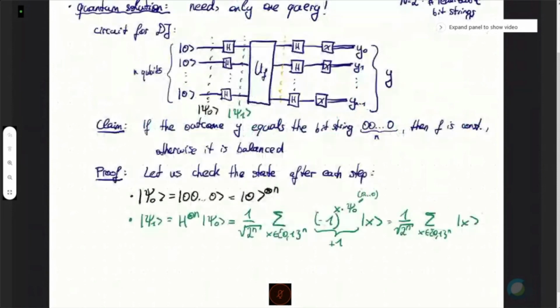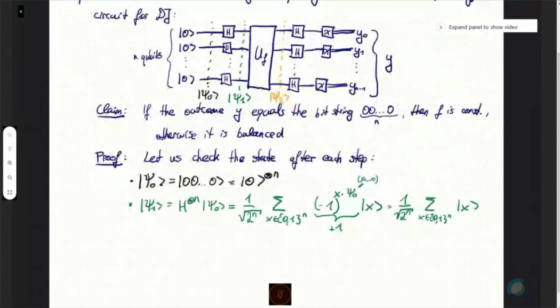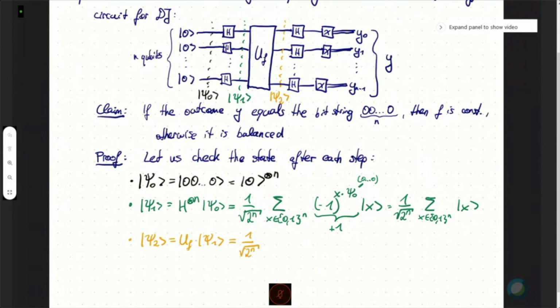In the next step, we apply our oracle, and we get the state psi 2. So psi 2 is our unitary U_f applied to the state psi 1. And now, as we know that this is all linear, we can put the unitary inside the sum.